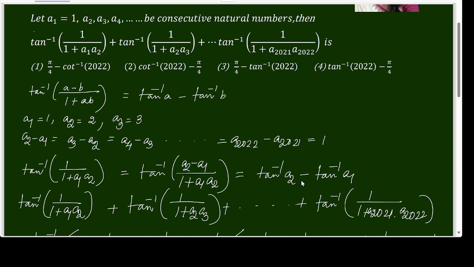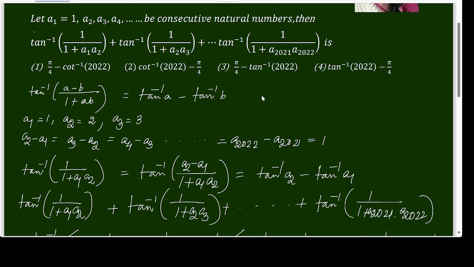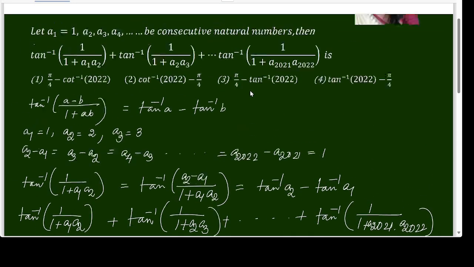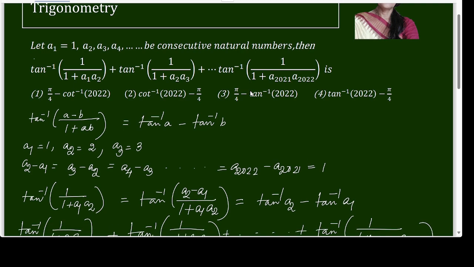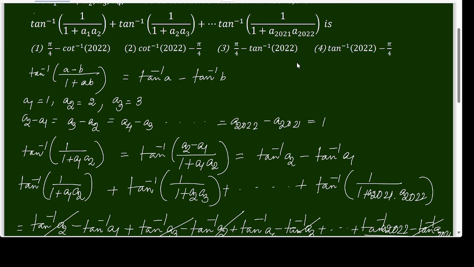So let us check the answer. It will be tan inverse 2022 minus pi by 4. So 4 is the answer. Fourth option is the answer.